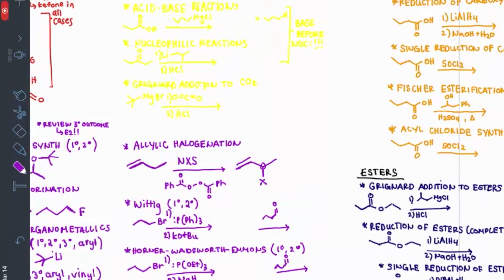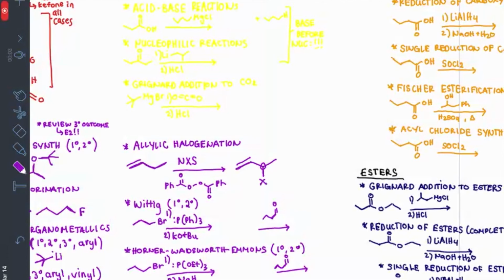The next alkyl halide reaction would be the Wittig reaction. This is on primary and secondary alkyl halides. And so the first step from the alkyl halide is to create our phosphorus ylide, okay? And so with that, we're going to use PPh3, and in the second step, use potassium tert-butoxide.